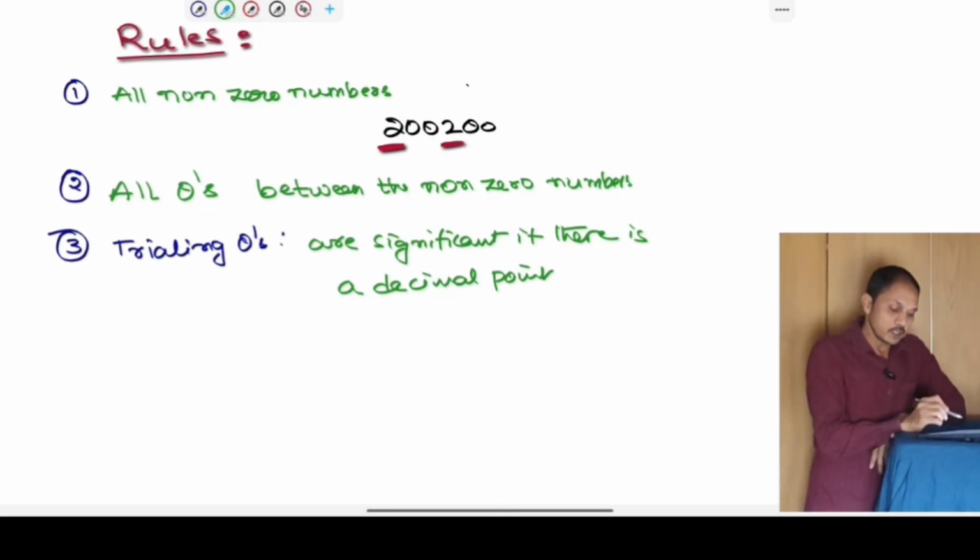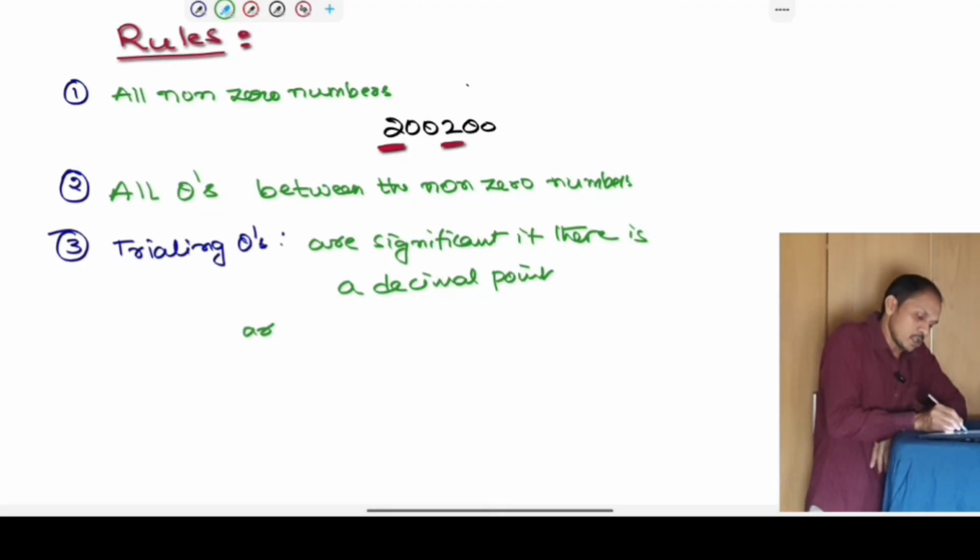If there is a decimal point, they are significant. And what if there is no decimal point? Then they are not significant.